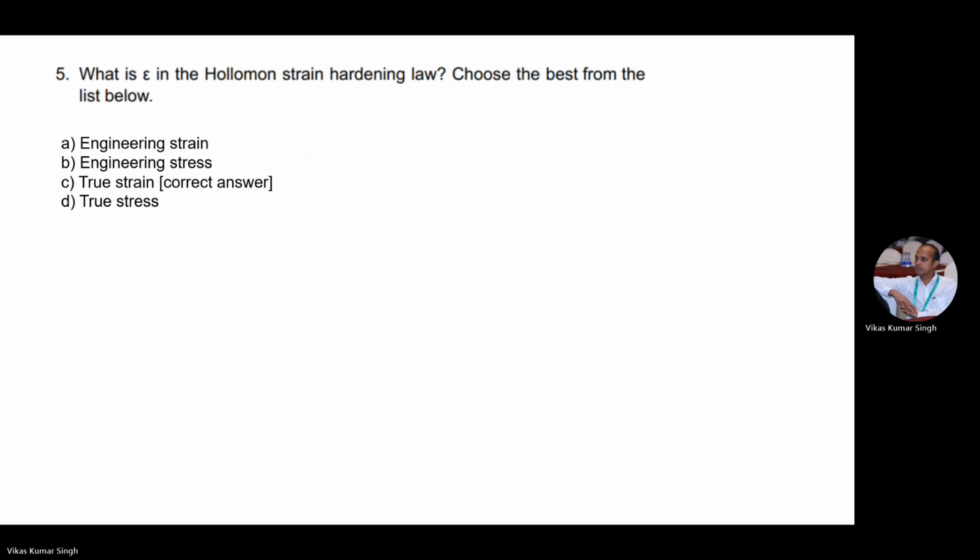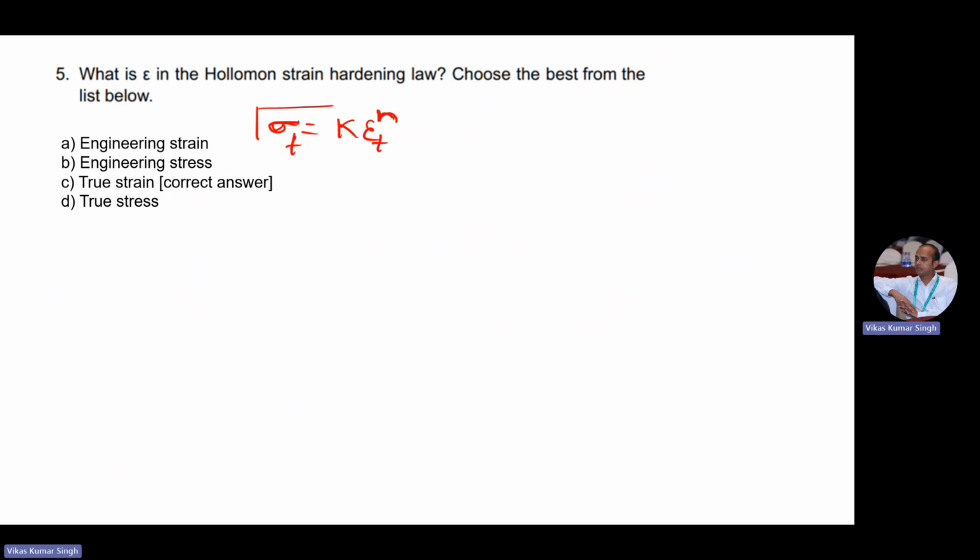Okay, so what is Holloman strain hardening law? That law is nothing but that power law we were discussing in the previous part, sigma t equals k into epsilon t to the power n. The only change here is that we are discussing true stress and true strain, and it is valid only for this.